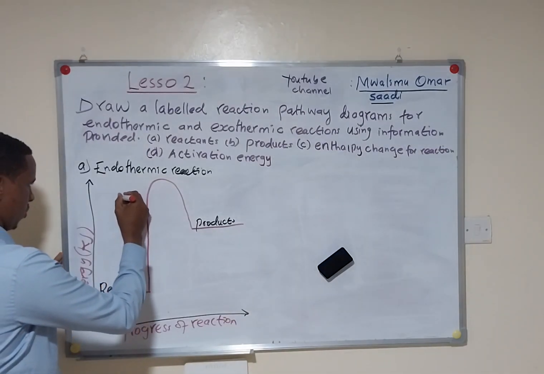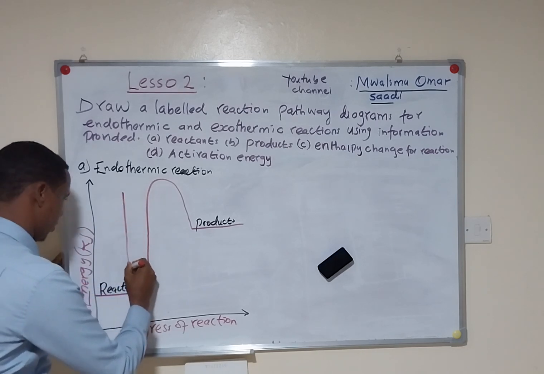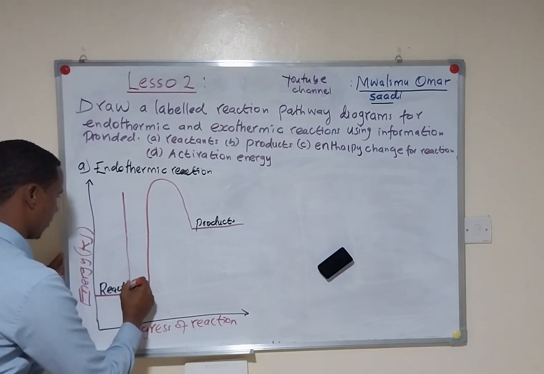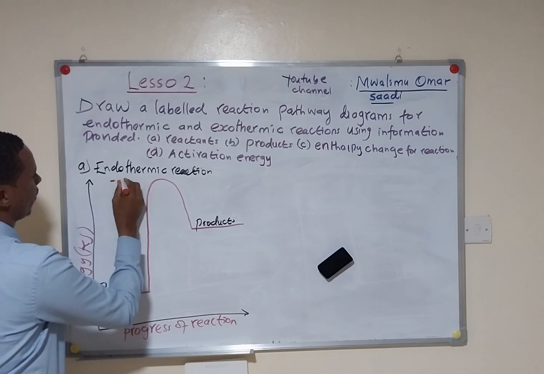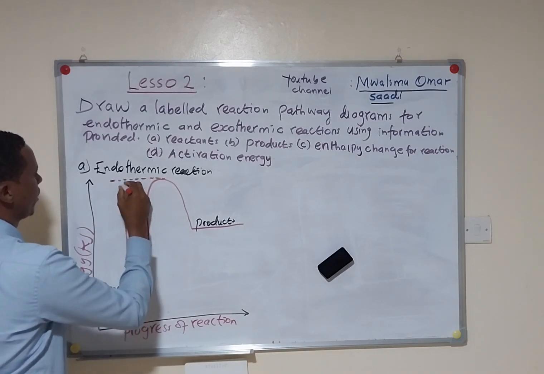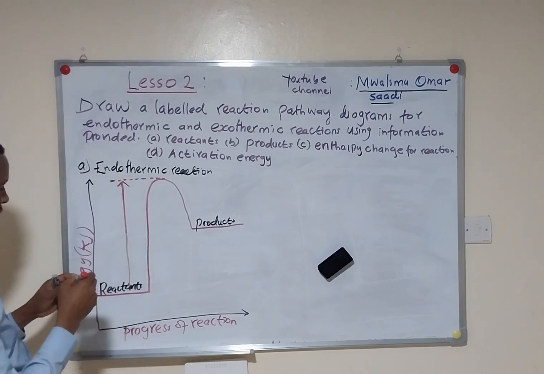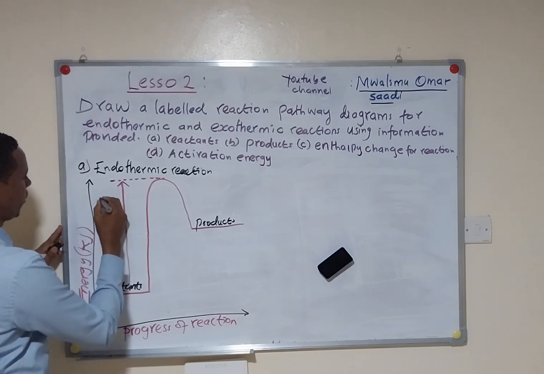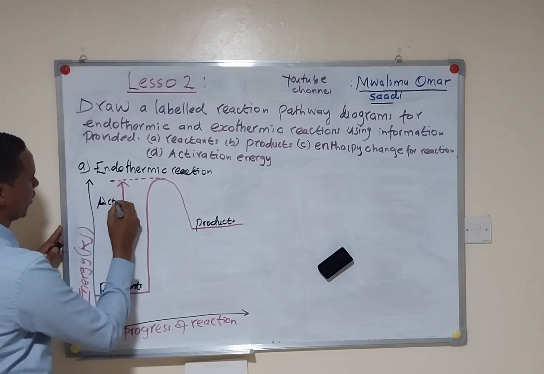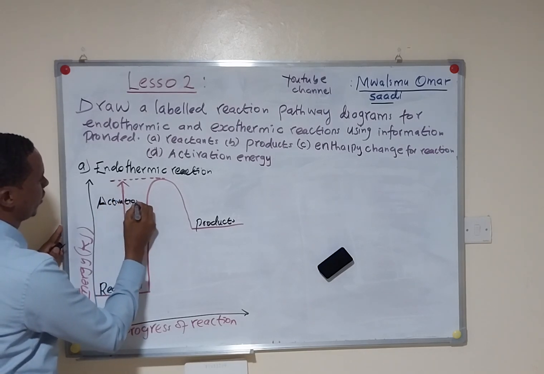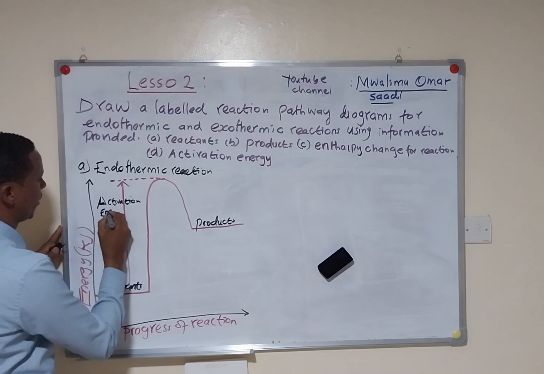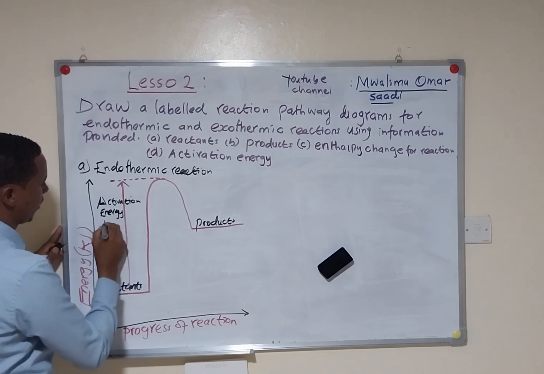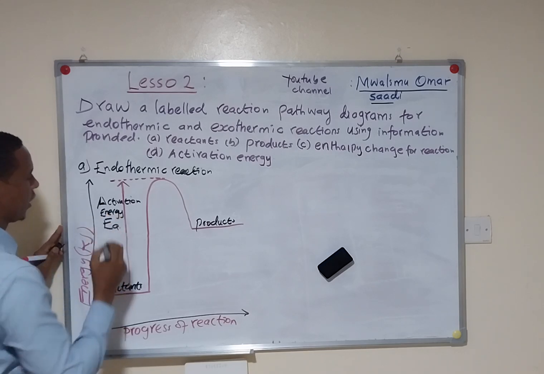So we will draw it like that. That is the activation energy of the endothermic reaction. Activation energy is denoted by E small a.